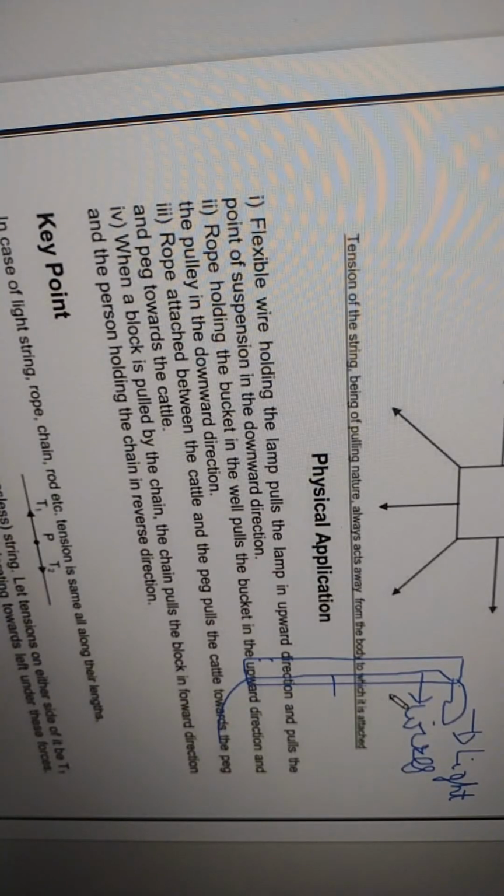The wires are tightened, meaning they are very tight, not loose, so that they can hold the bulb there. If they are not tightened, the bulb will fall. The point of suspension is where the bulb and the wire are suspended.